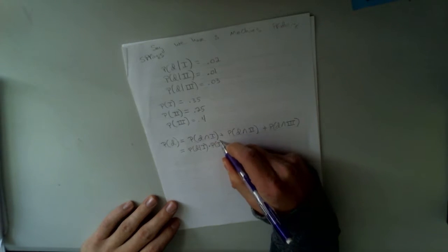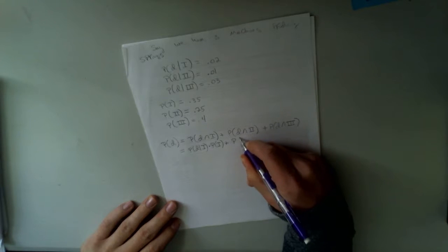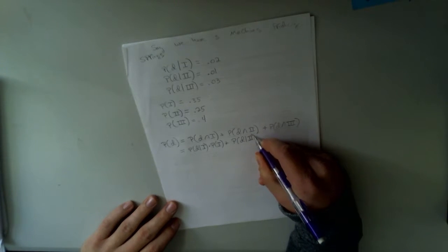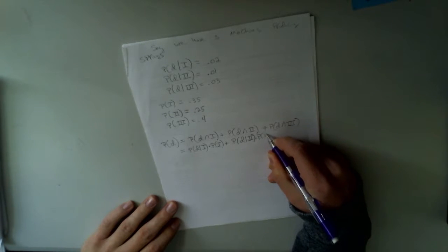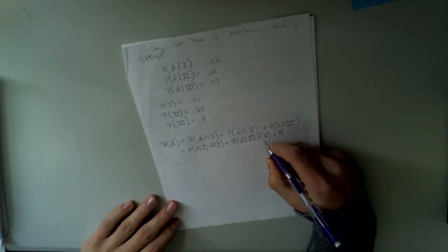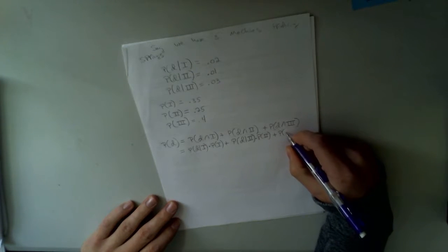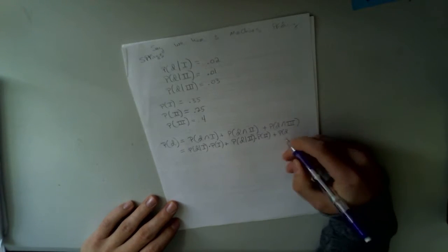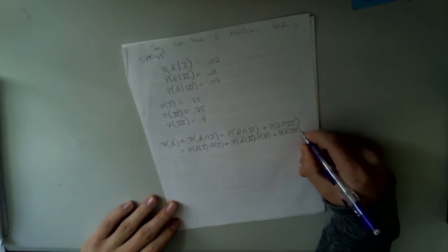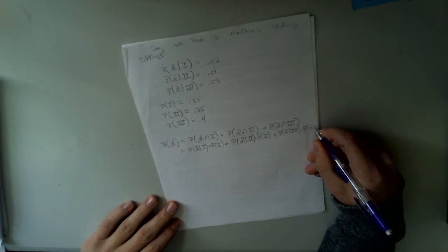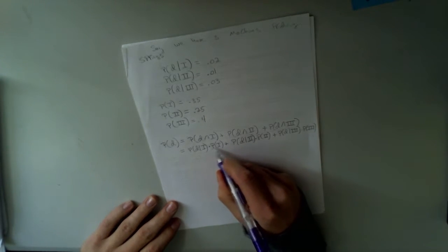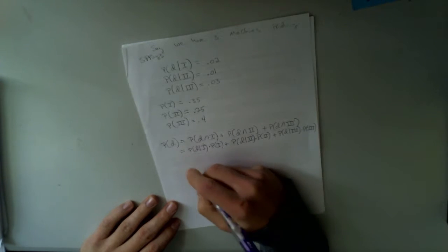We just used this relationship when we were looking at Bayes' theorem a moment ago. So these conditional probabilities multiplied by the thing that we're conditioning on is equal to the joint probability.